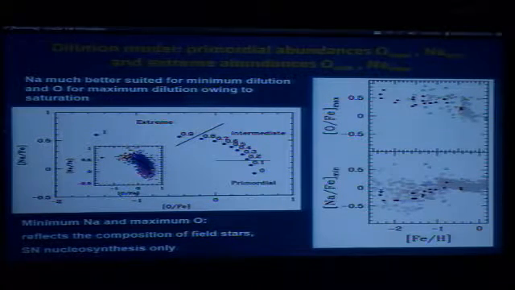No, each star has a position in this diagram. And depending on the position, we may say that, for instance, a star that is here has something like 85% of the mass that comes from the ejecta of the polluter, and 15% is pristine.